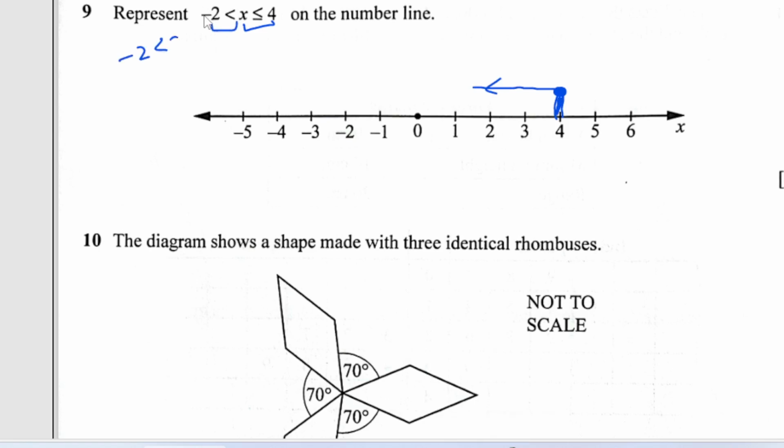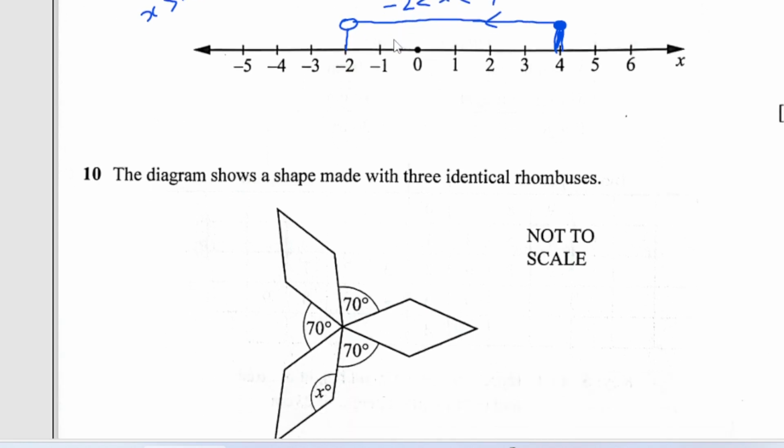Negative 2 less than x means x is greater than negative 2. So negative 2 is here, which is not included, so we are not going to shade that. So this is the part where we have the inequality negative 2 less than x less than or equal to 4, right?